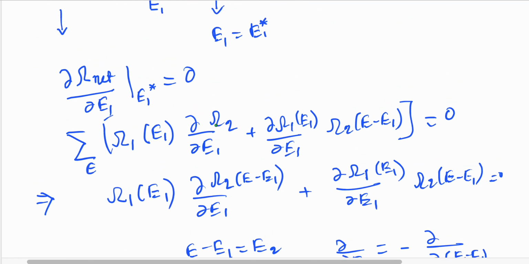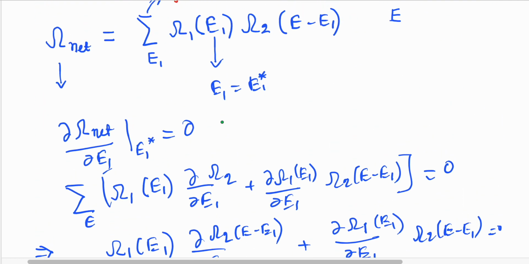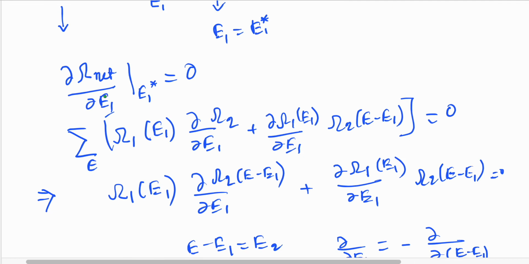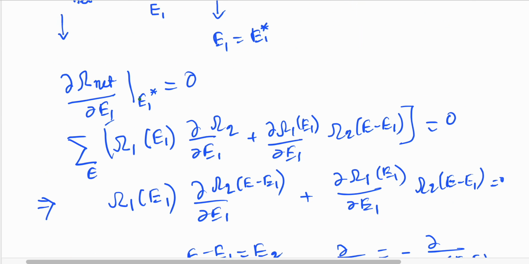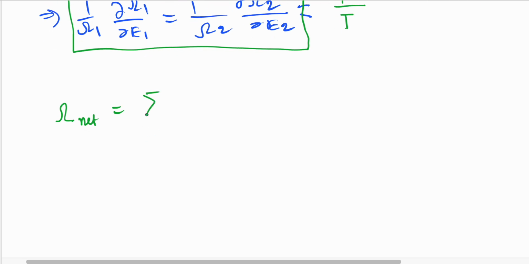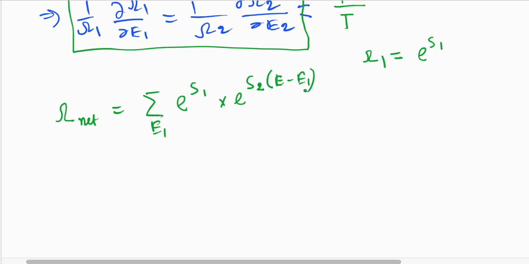Now if we rewrite it as sigma net equal to the summation over E1 of sigma 1, we write sigma 1 as e to the power s1, into similarly sigma 2 as e to the power s2, which is a function of total energy minus E1, so it's also a function of E1.